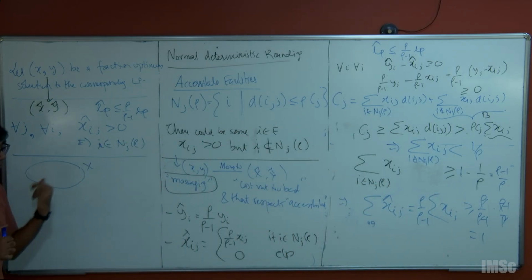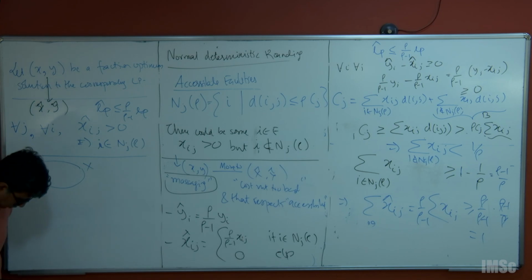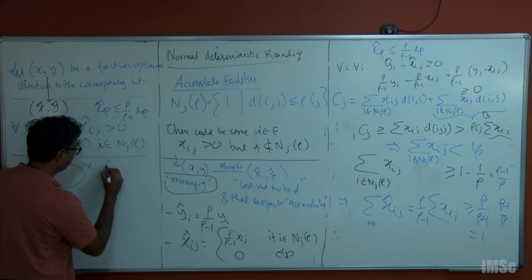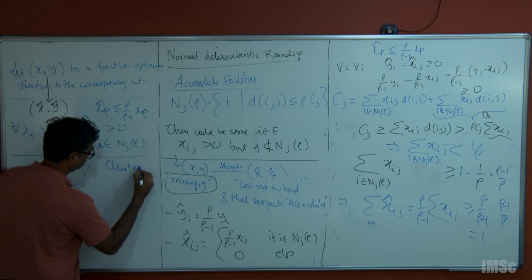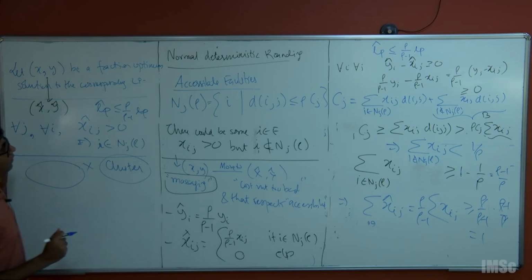Now I also have some beautiful properties. So now this is what is called the clustering step. I want to cluster. So how do I want to cluster is the following.